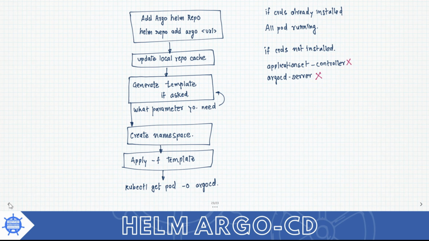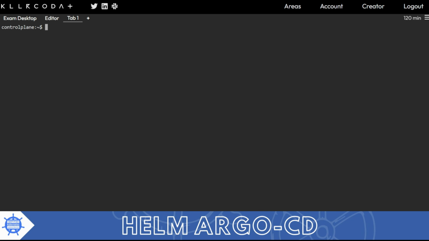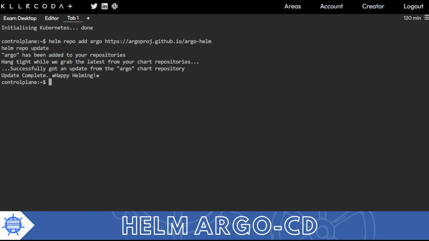Now we have seen CRD not installed with set crds.install and skip crds. And if CRDs are already installed, then we'll use this only. We have set it to false; now we'll set it to true. And if CRD is already installed and we set it to false, let's see how it behaves. We'll make it false, but CRD already installed. So we'll do the same steps: update, and now we'll include the install crds option only.